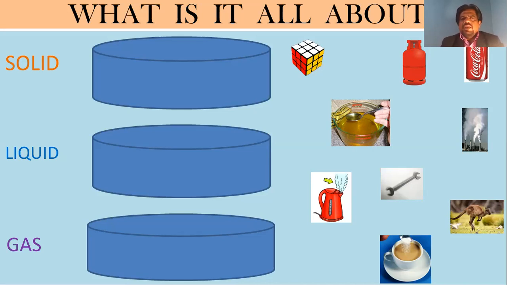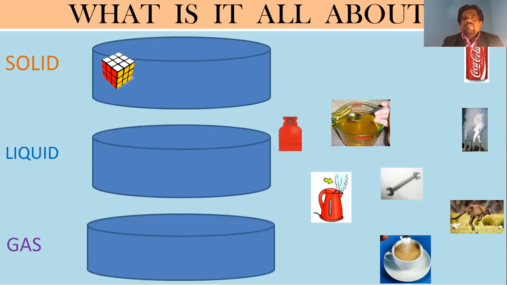Let us try to understand where we could keep these things which we find on the screen. Let us see where this cube goes. You can put the cube in the solid cylinder, as we know a cube is a solid matter.